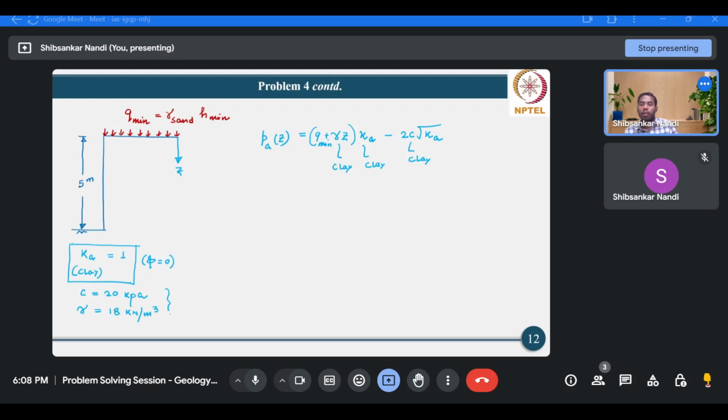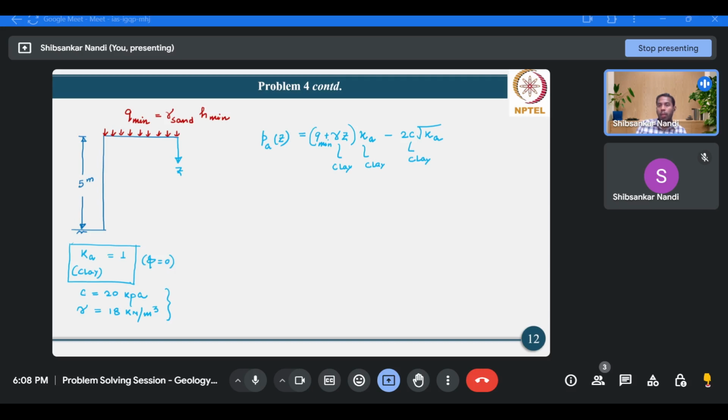Now we have to ensure that there is no development of tension inside the backfill. So for that we have to increase the height of the wall. We have to calculate the minimum height such that there should not be any tension inside the backfill. So what should be that condition?